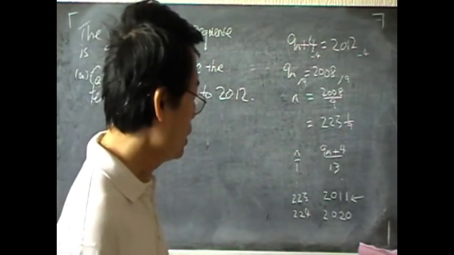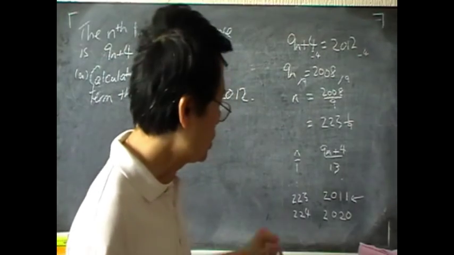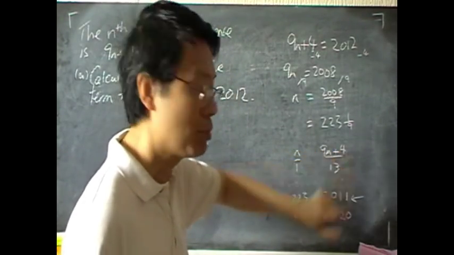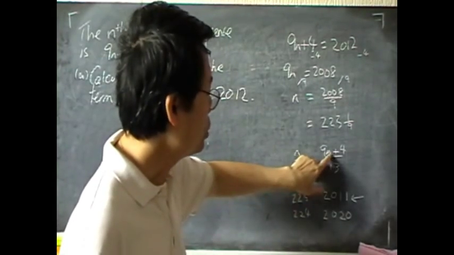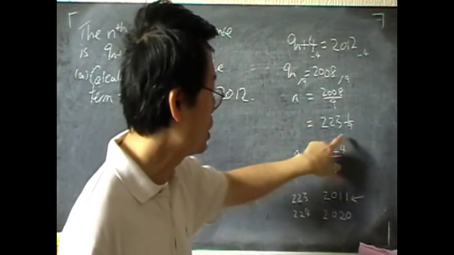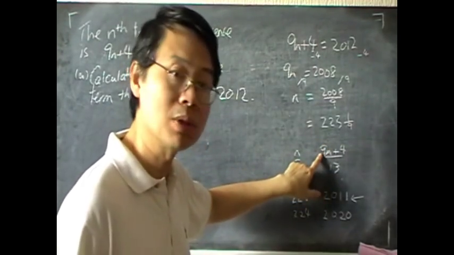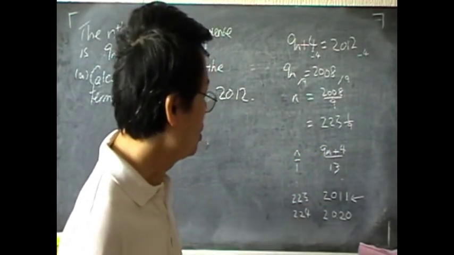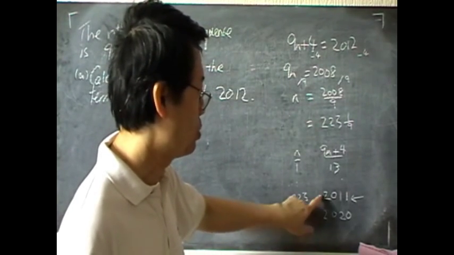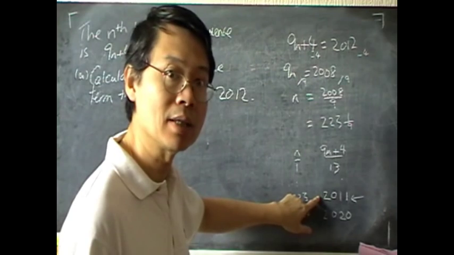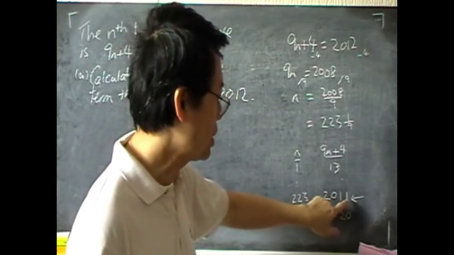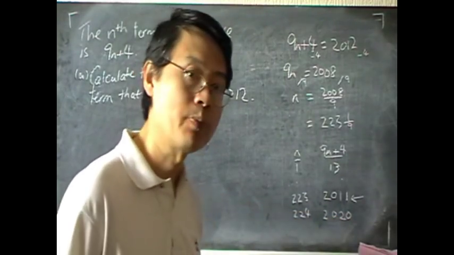But again, there's a quick way to do this. If you notice that because this expression is 9n plus 4, each time n increases by 1, this term should increase by 9 because n is multiplied by 9. So therefore, I can also get this term from the previous term by adding 9 to it. So 2011 plus 9 is 2020.